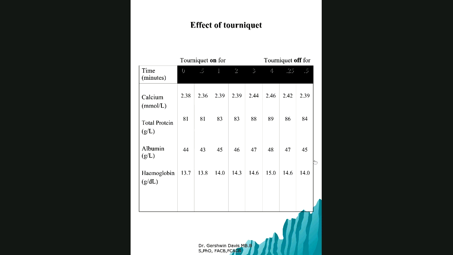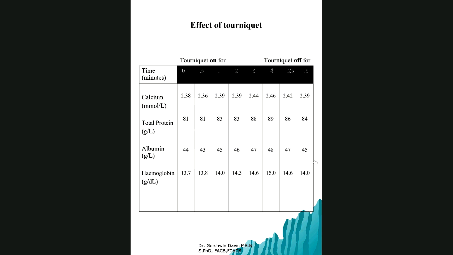The message here is that once you have a tourniquet on, one word explains this. It's hemoconcentration. So make sure you get that down. Hemoconcentration. They explain that once you have a tourniquet on, you inhibit your venous return, increasing your venous pressure.